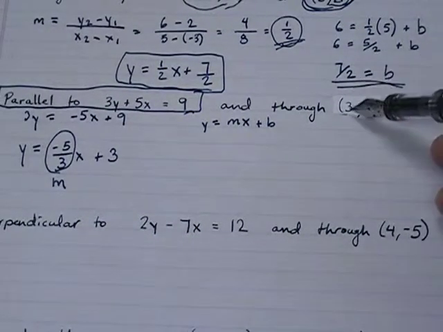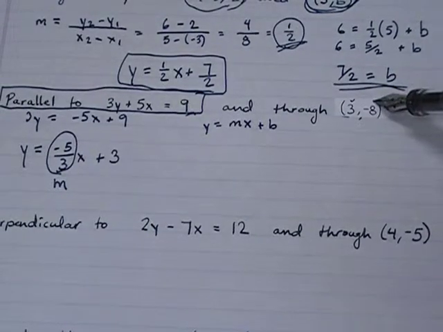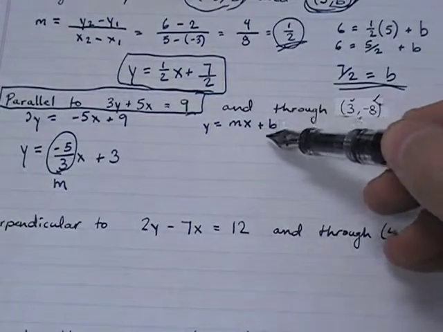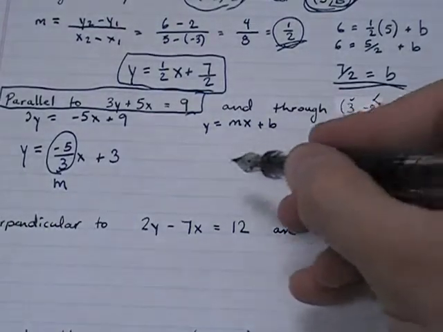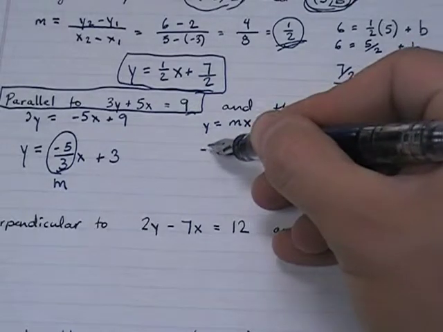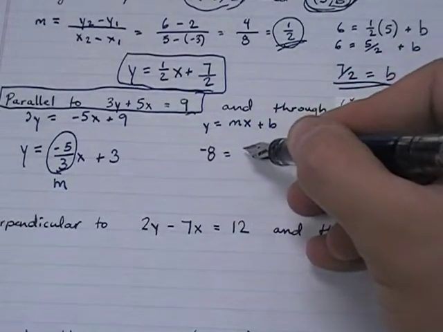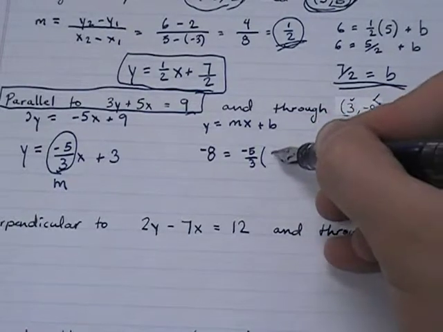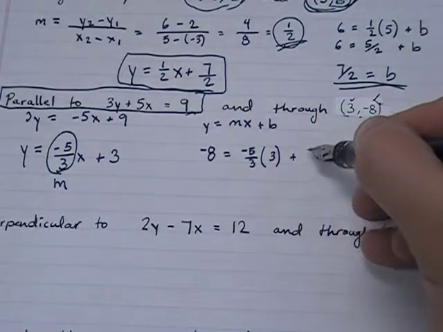So I know x, I know y, and I know m. My only unknown is b. So I plug them in. Okay, y is -8, so I get -8 equals negative 5/3 times 3 plus b.